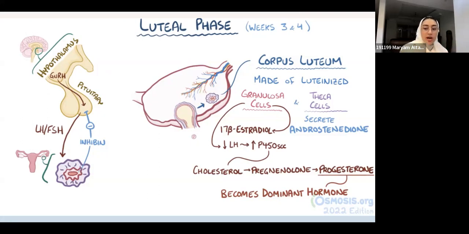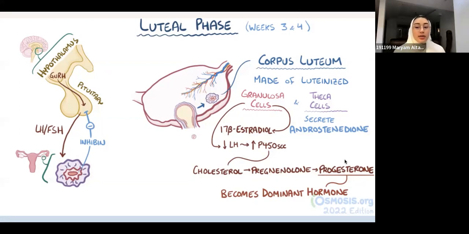Now we're switching from estrogen to progesterone. This becomes the dominant hormone. Why? Because of this luteinization, the surge of LH causes it to increase this enzyme, P450SCC. That's going to cause us to convert our cholesterol to pregnenolone and then progesterone.